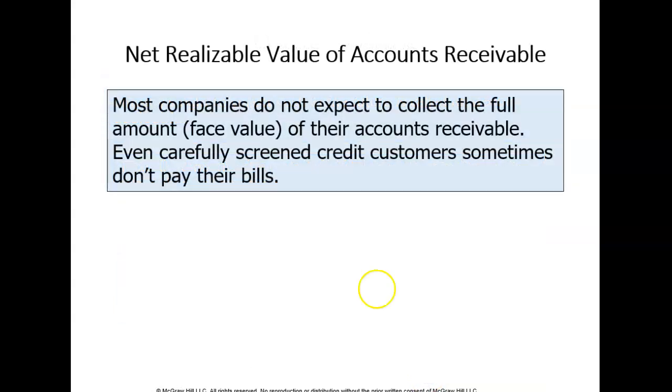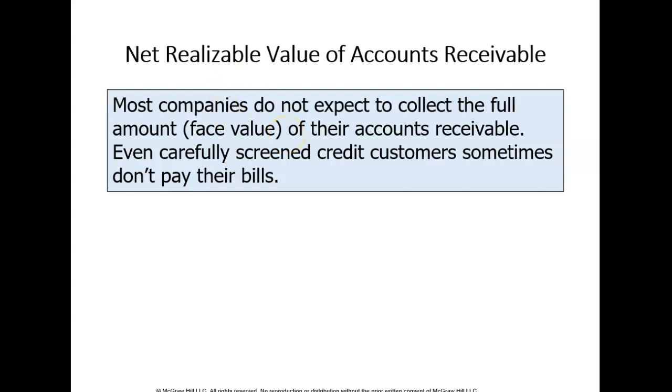Okay? Now, as I indicated, when you allow customers to receive credit to pay for items at a later date, you're not going to collect all the money all the time from all your customers. That just doesn't happen.